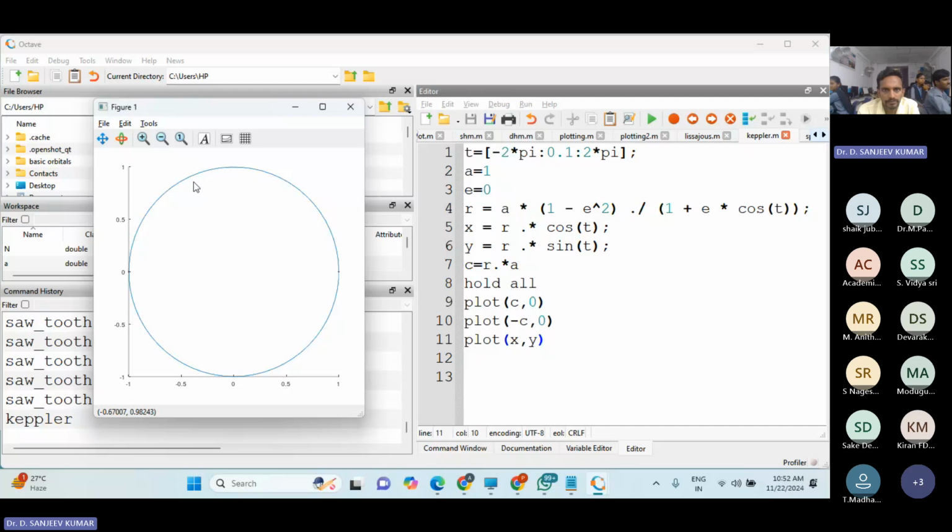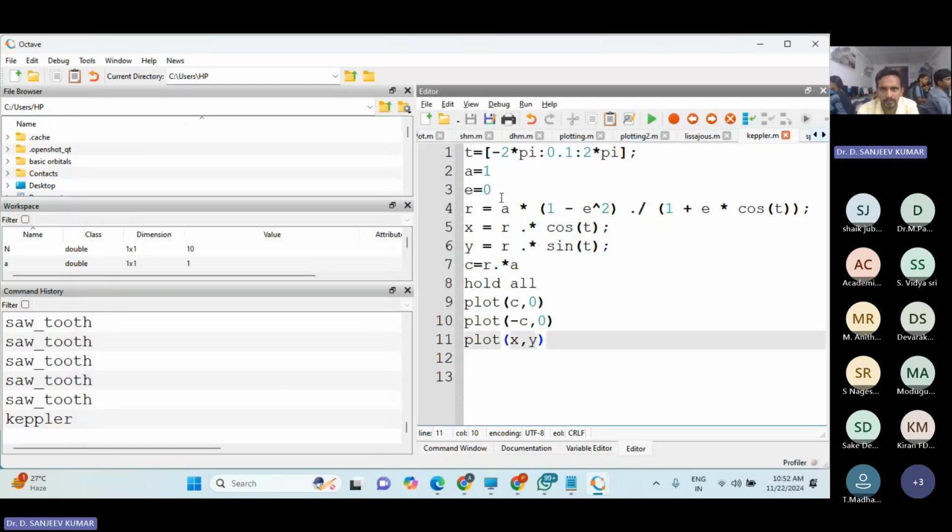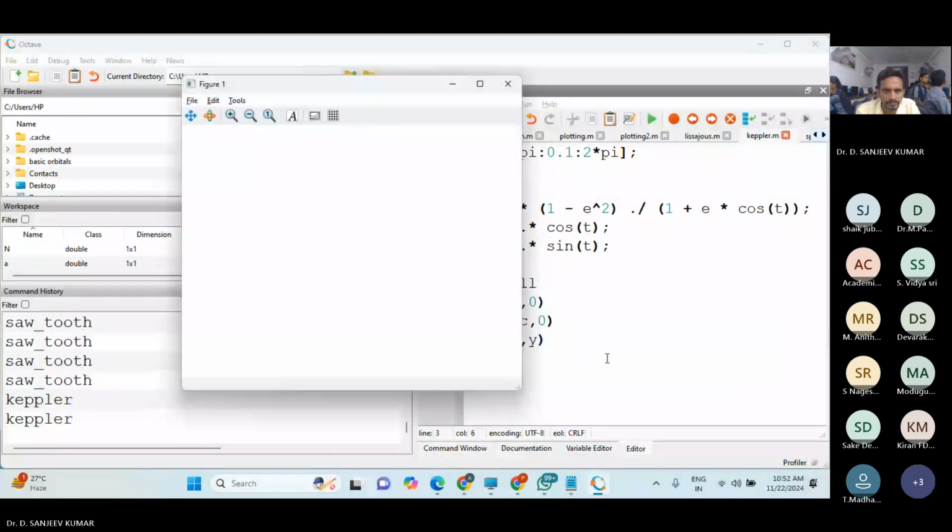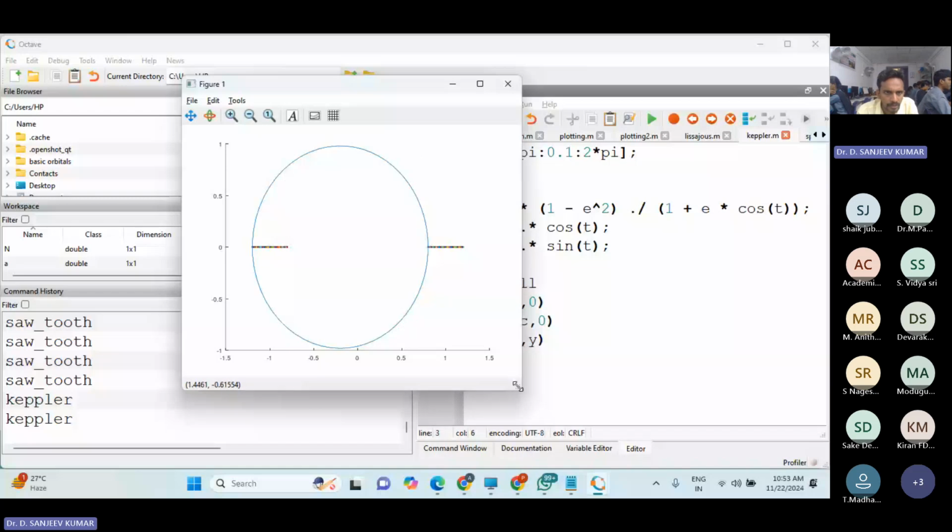So we get a circle. So if I change the eccentricity, I should get an ellipse. So along x-axis, it is extending from -1.5 to +1.5.